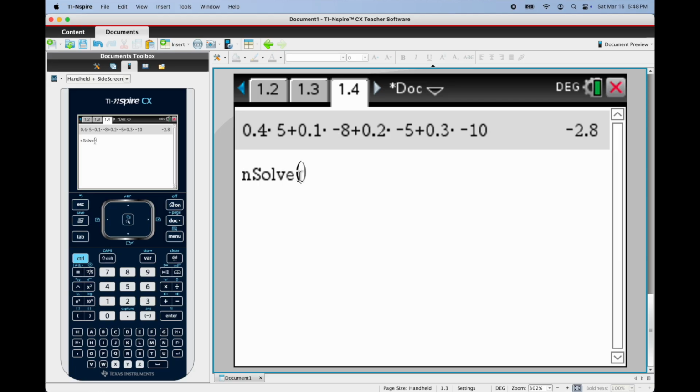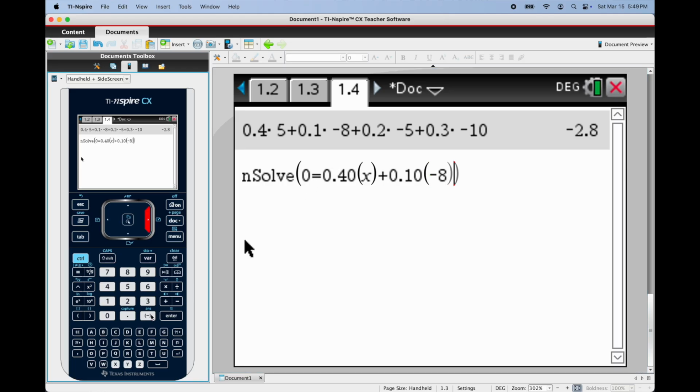Actually, I'll do it right from the beginning. 0 is equal to, and then we can take this expected value as it is: 0.40 times x plus 0.10 times negative 8 plus 0.2 times negative 5, and so on.